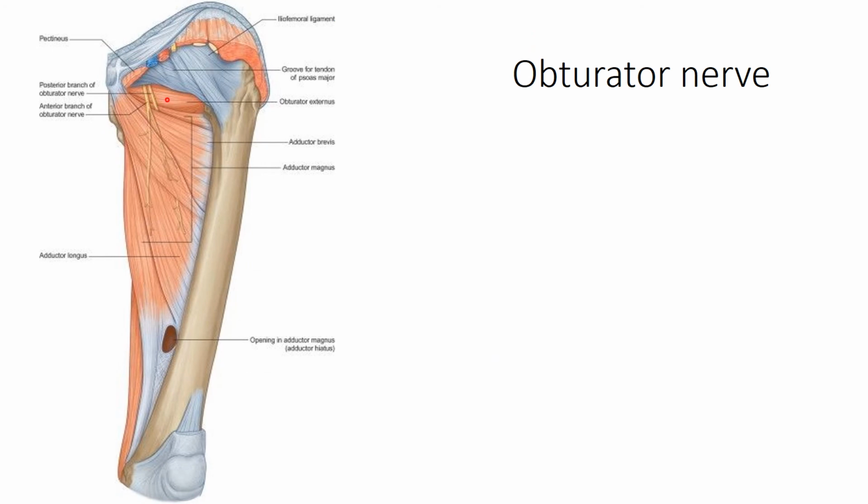So here you can appreciate this. This is the posterior branch, this is the anterior branch with respect to the adductor brevis. Posteriorly is the posterior branch, anteriorly lying is the anterior branch.